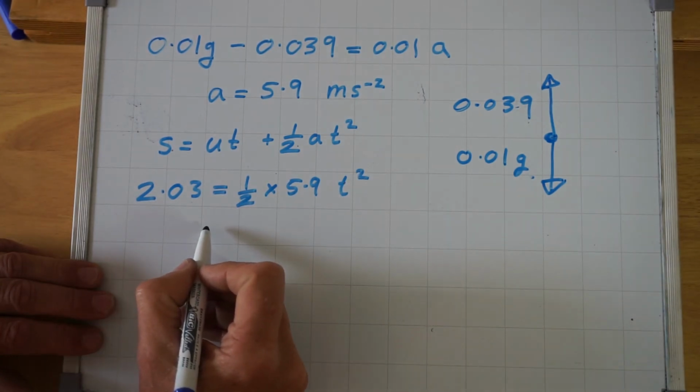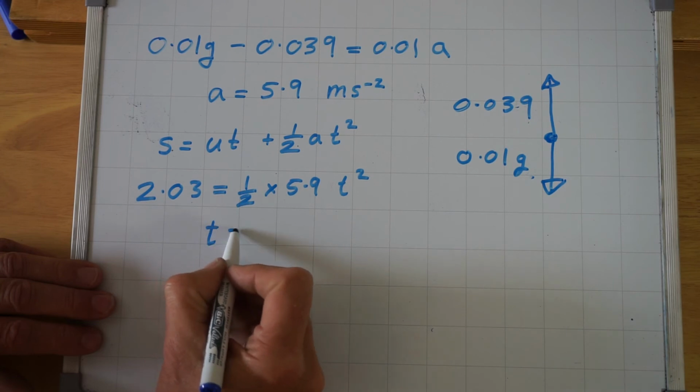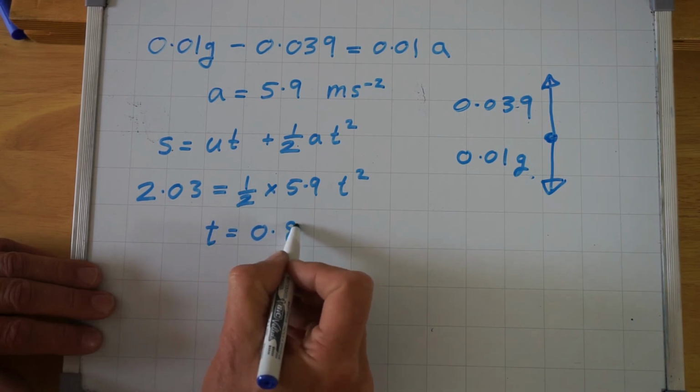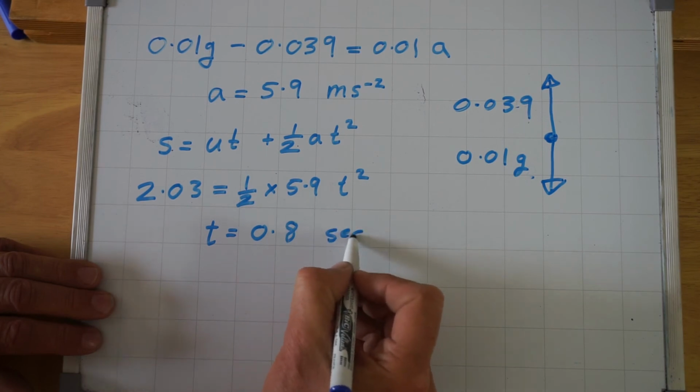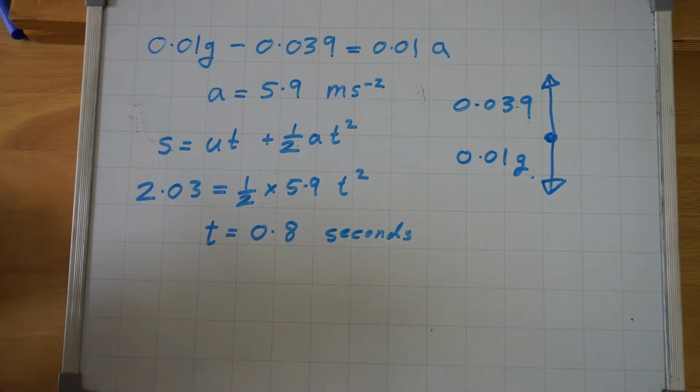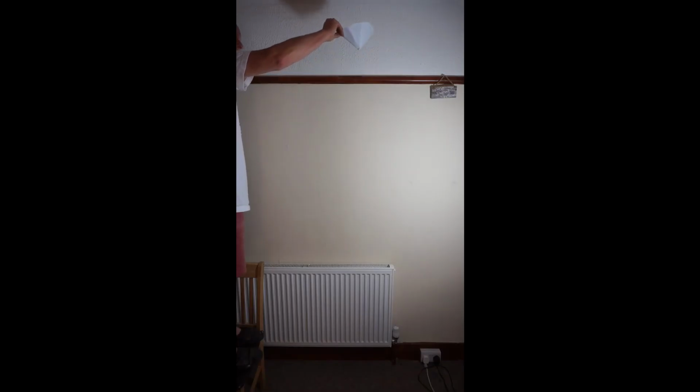Solving this equation gives t equal to 0.8 seconds. Now I will drop the cone containing the lump of blue tack.